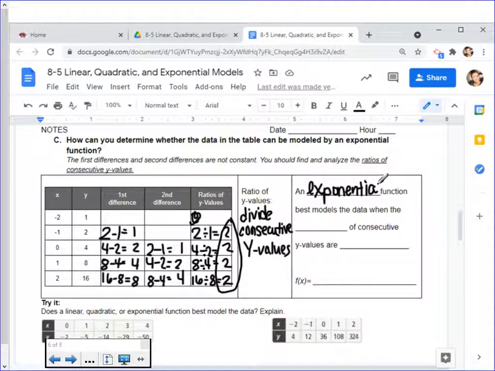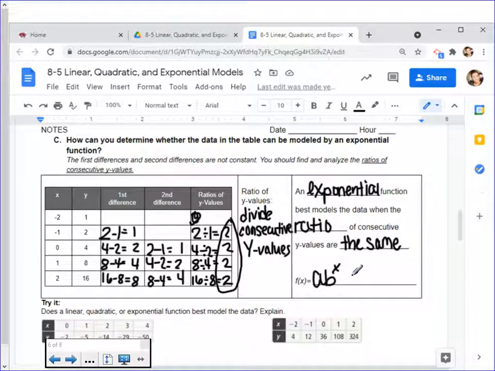An exponential function best models the data when the ratio of consecutive y values is the same. There's a couple equations we could use for this. The most common one is a times b raised to the x power.